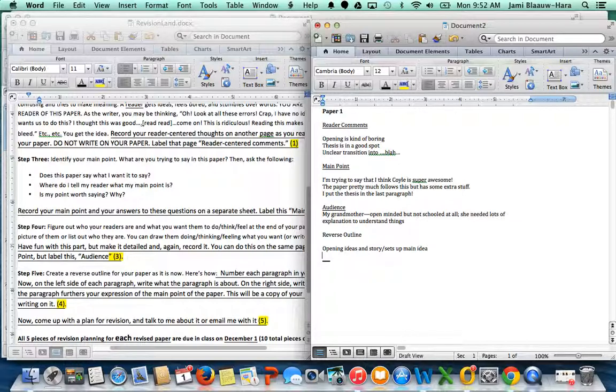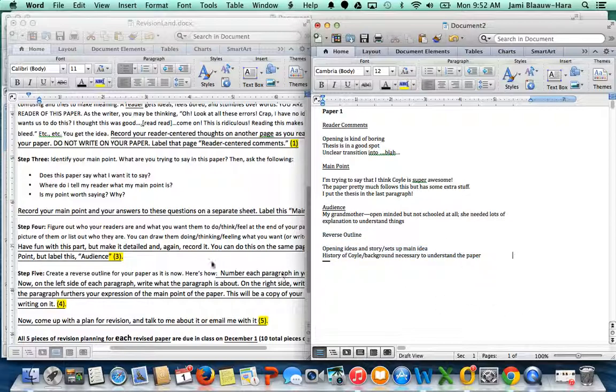Then I go to my next paragraph, and my next paragraph is history of Coyle, let's say, because I'm writing about how he's super awesome. And then on the right side of that paragraph, I would have written something like background necessary to understand the paper.